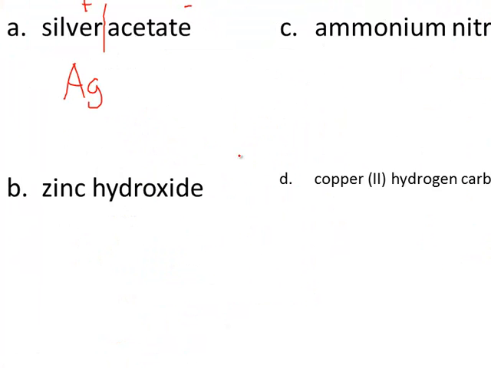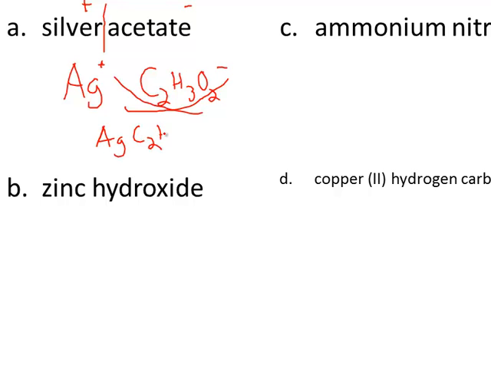So acetate, C2H3O2 with a minus overall charge. Silver always is a +1. So when we crisscross, we end up with Ag, silver, C2H3O2. No parentheses because the number going to the acetate is not greater than 2.